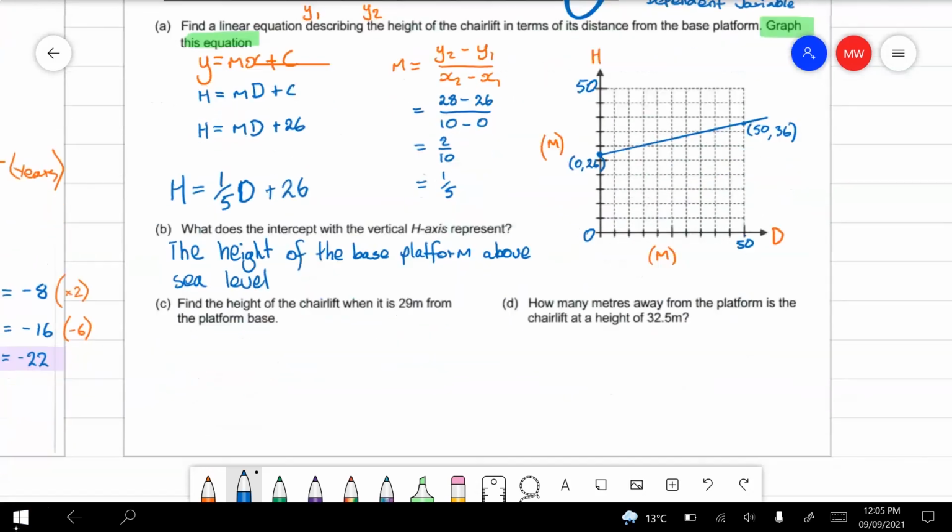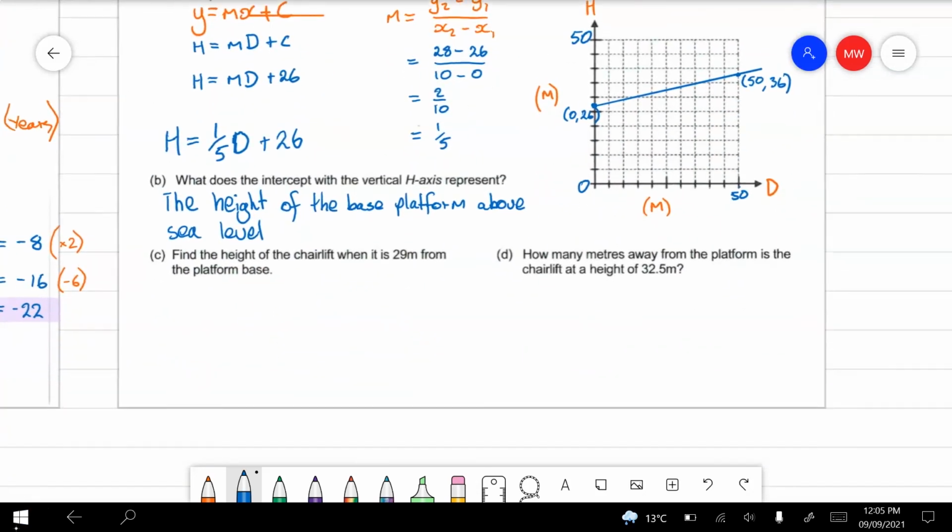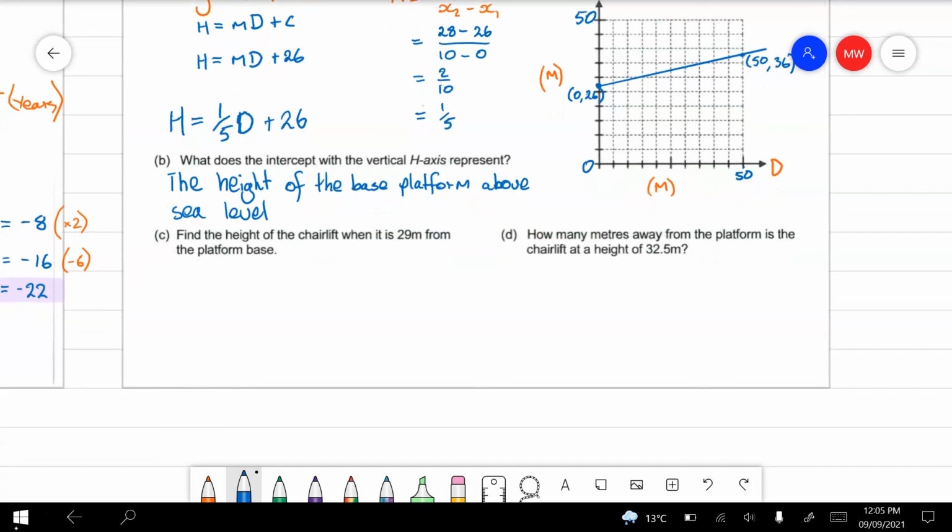And then the last two questions are just straight substitution questions. So find the height of the chairlift when it's 29 meters from the base of the platform. You've written a formula up here at the beginning of the question. It's now time to use your formula. So you've got that the height is a fifth of the distance plus 26.